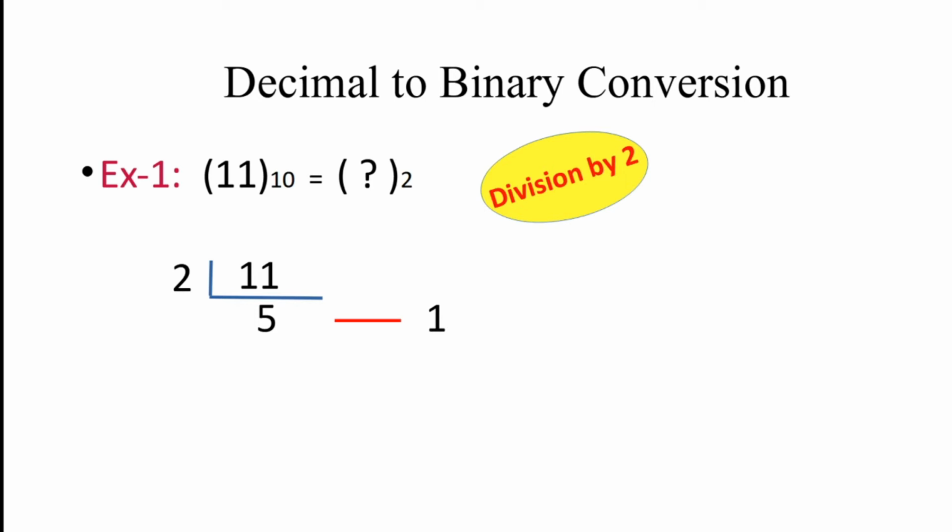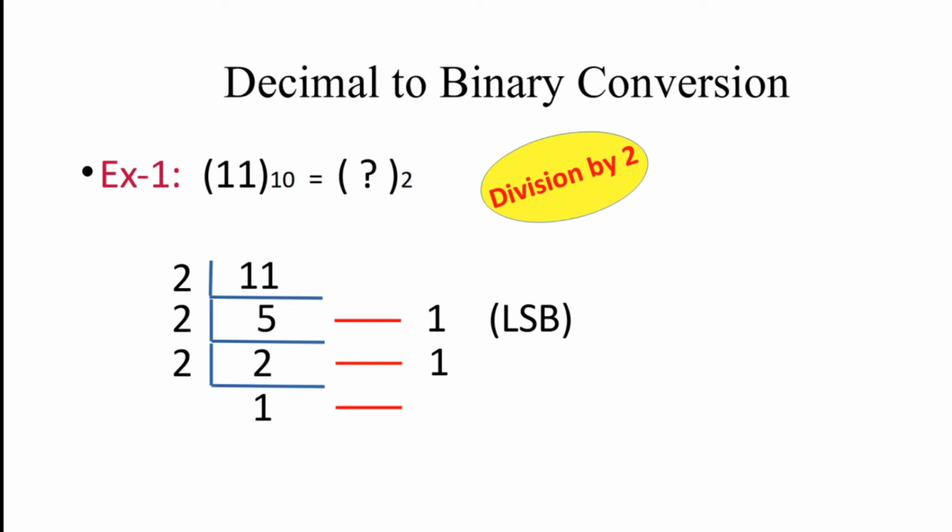This one is known as the least significant bit or the LSB. If we divide the 5 again by 2, then the quotient will be 2, remainder will be 1, and perform the same operation, then here the quotient will be 1 and the remainder will be 0, and for this the quotient will be 0 and remainder will be 1.